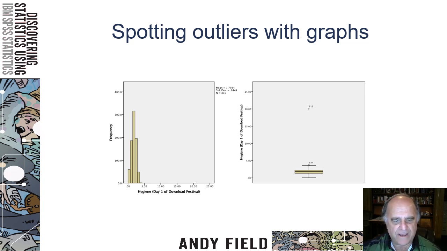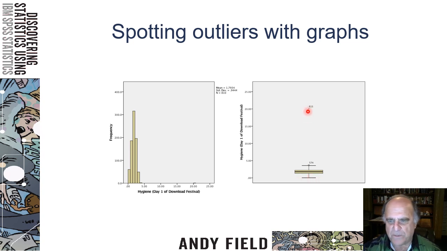So if we look at this hygiene data, you can see our graph of the hygiene data. This is a histogram here of the hygiene data. And it's sort of hard to see, but there's a point way out here at 20. And so that's obviously an outlier. When we look at our box chart, with our box chart, we have our mean, median, or mode, our upper and lower quartiles, and then our minimum and maximum expected value in terms of the confidence interval.